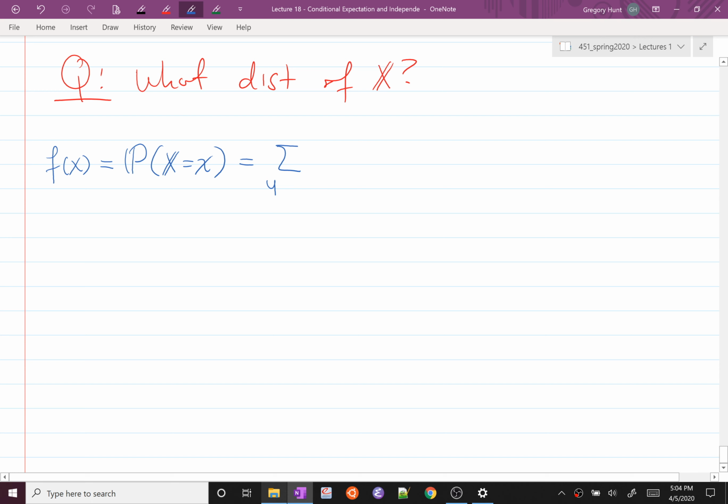For the discrete case, I can take f of x given y multiplied by f of y, and then marginalize out y. This is the law of total probability for the discrete case. Okay.